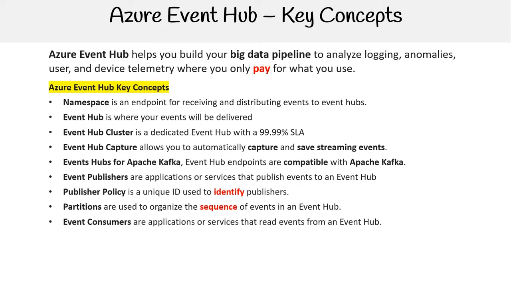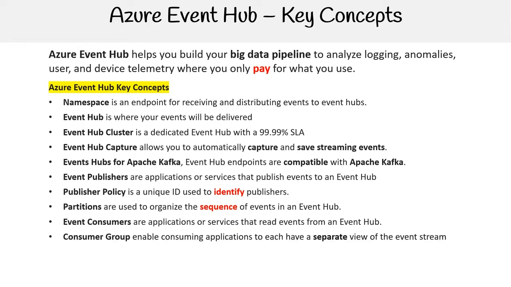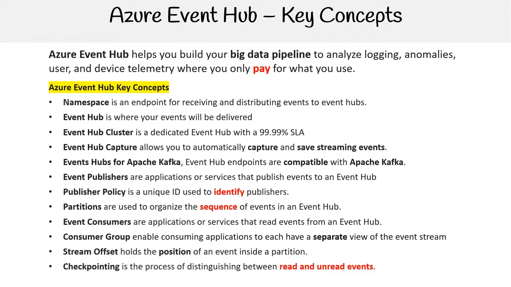Event consumers are applications or services that read events from Event Hub. Consumer Group, which enables consuming applications to each have a separate view of the event stream. Stream Offset, which holds the position of an event inside a partition. Checkpointing is the process of distinguishing between read and unread events.